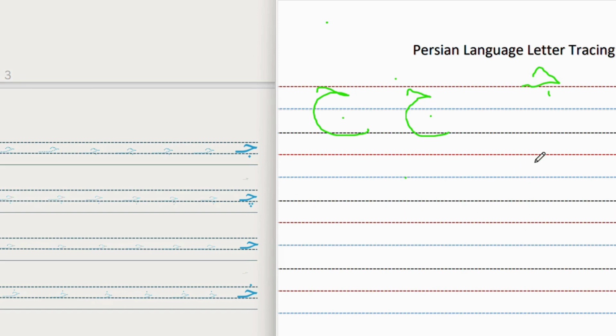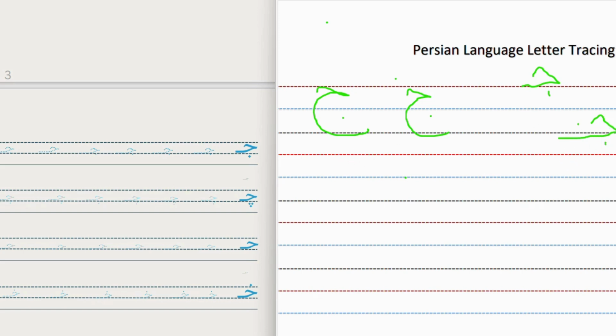So if you want to keep it simple, you can do a diagonal, I mean a straight line up, down, and then you can continue on the line, and then you put the dot.